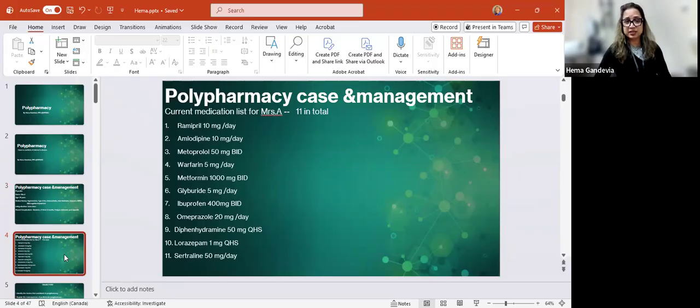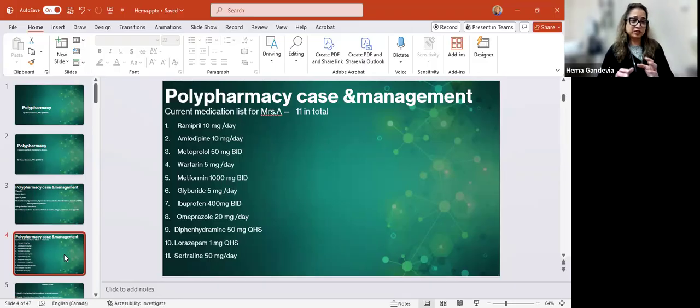The current medication list for Mrs. A is 11 in total, starting with ramipril, 10 milligrams a day, amlodipine, 10 milligrams a day, metoprolol, 50 milligrams twice a day, warfarin, 5 milligrams a day, metformin, 1000 BID, glyburide, 5 mg per day, ibuprofen, 400 milligrams BID, omeprazole, 20 milligrams per day, diphenhydramine, which is commonly also known as Gravol in drugstores, 50 milligrams QHS. She also takes lorazepam, 1 milligram QHS, and sertraline, 50 milligrams a day.